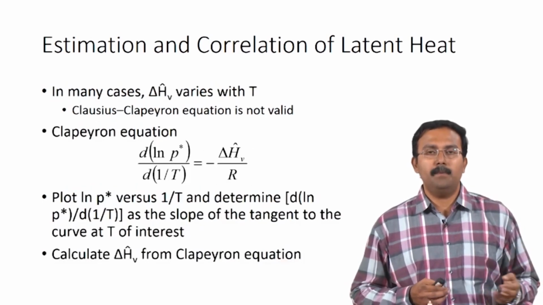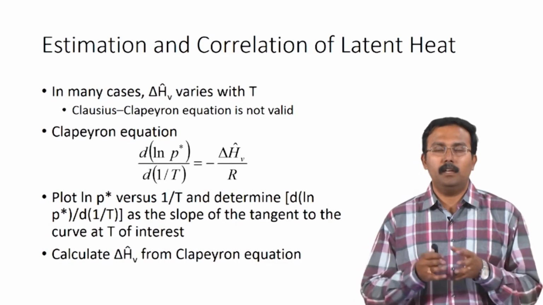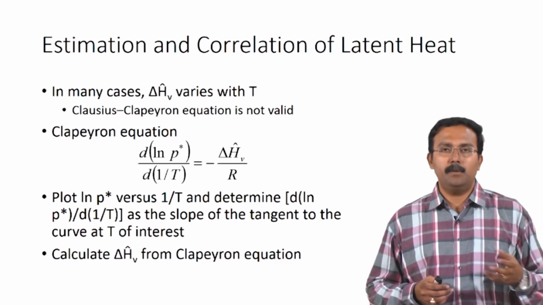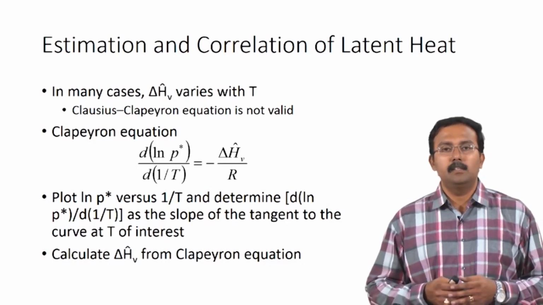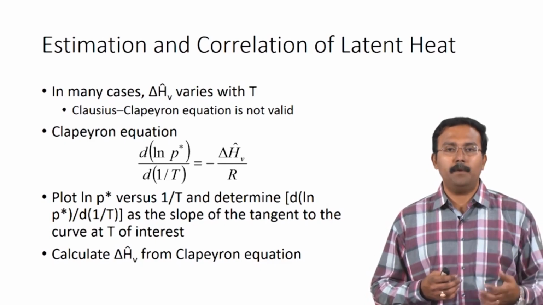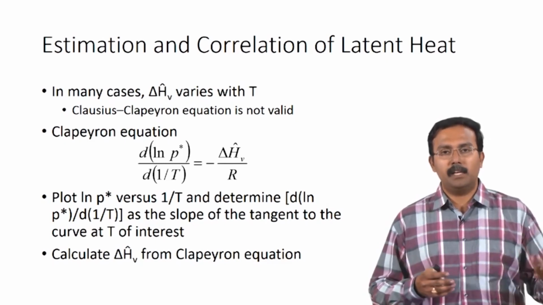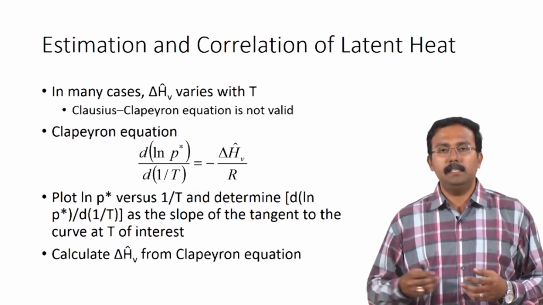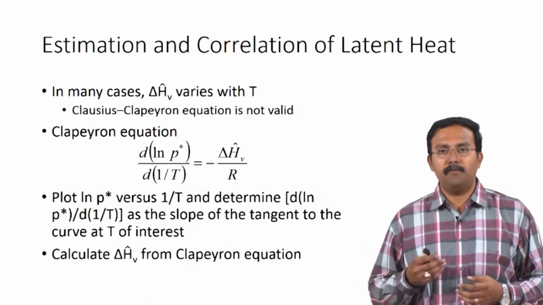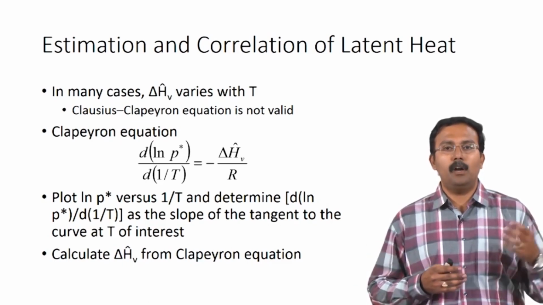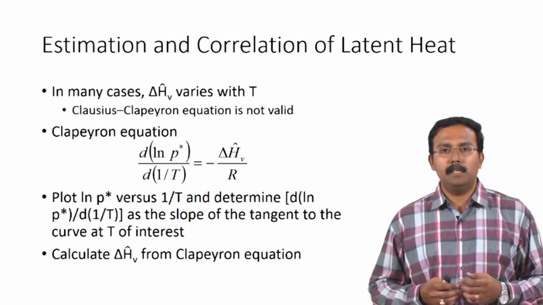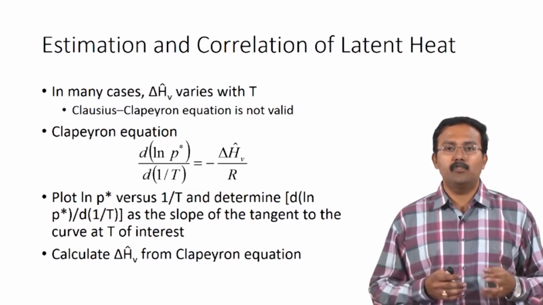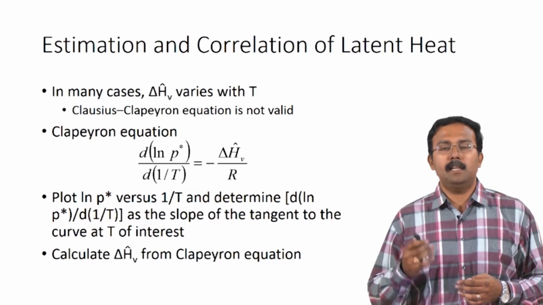In many cases heat of vaporization is not a constant for a range of temperature, it varies with temperature. So, in such scenarios the Clapeyron equation which we just saw is not directly valid. Instead you can use the Clausius-Clapeyron equation in its differential form. d of ln P star by d of 1 by T equals minus delta H cap V by R. So, you are expected to plot ln P star versus 1 by T, and you would determine d ln P star by d 1 by T as the slope of the tangent to the curve at the temperature of interest.